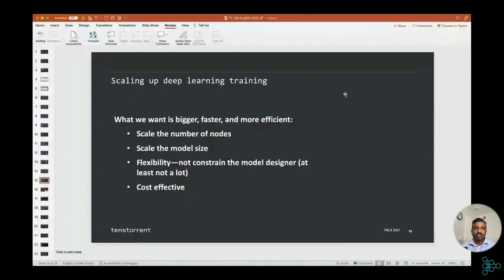So let's switch gears, and I would like to touch upon how this whole scale-out concept evolved. When we were developing the solution, the idea was to provide a solution which can scale based on the number of nodes. The model sizes were growing, so we wanted to give a solution which can scale accordingly.